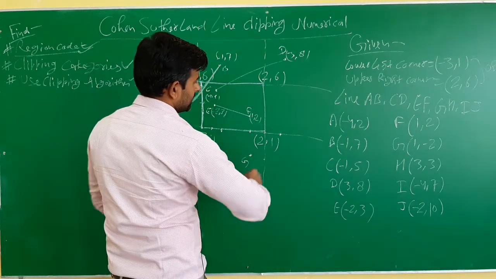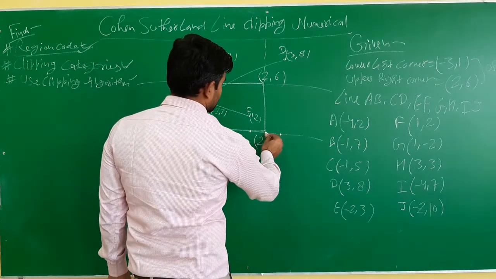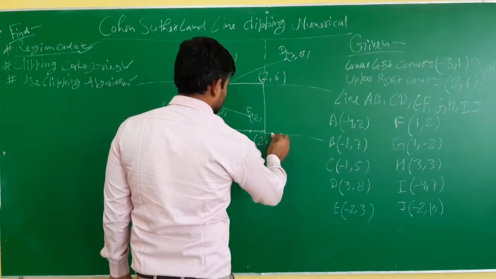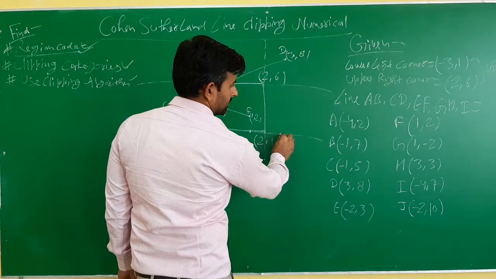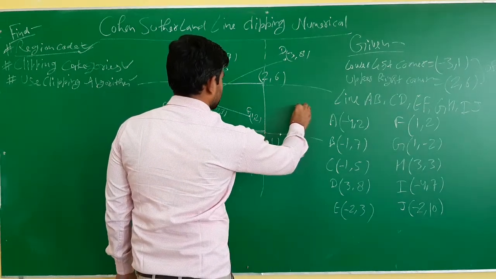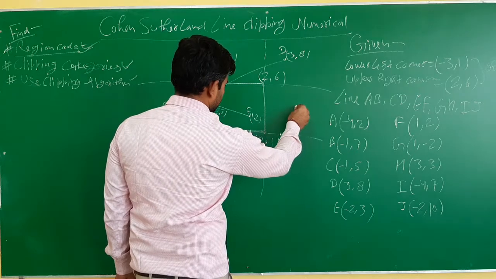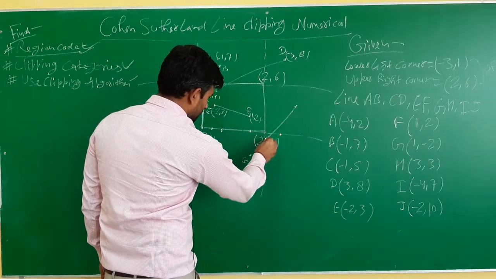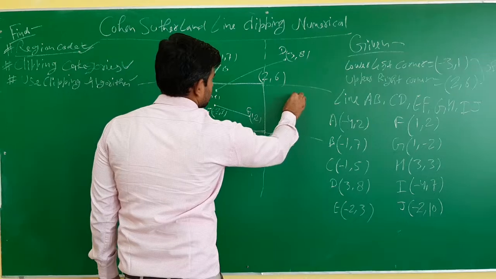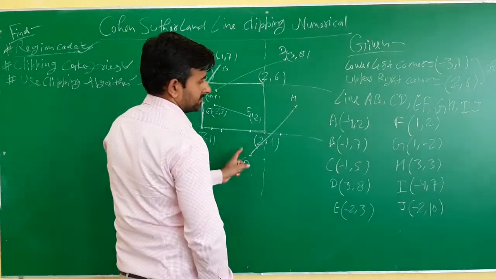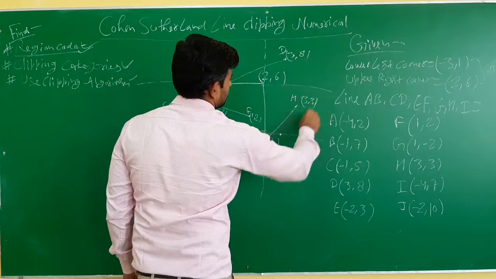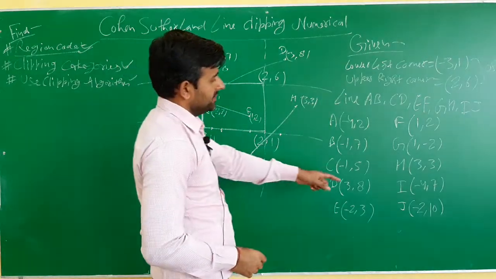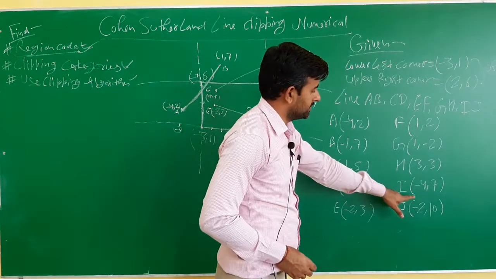And H is 3, 3. This point will be like here. When we join these 2 points, we will get a line GH, with H at 3, 3.